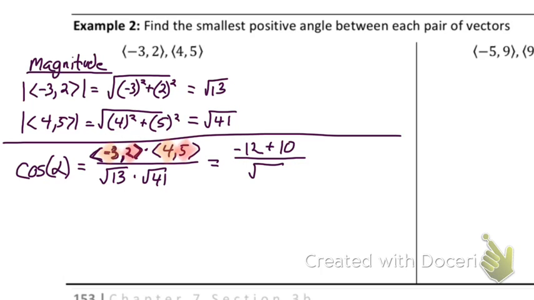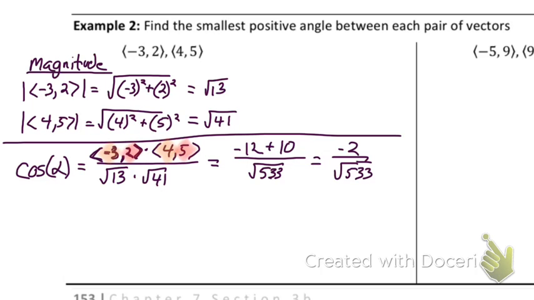Something along those lines. It's mostly calculator work from here. But yeah, square root of 533, which really is just negative 2 over the square root of 533. But that's not really important. The important thing is, is this equal to 1, negative 1, or 0? No. So we have to go one step further and take the cosine inverse of both sides.